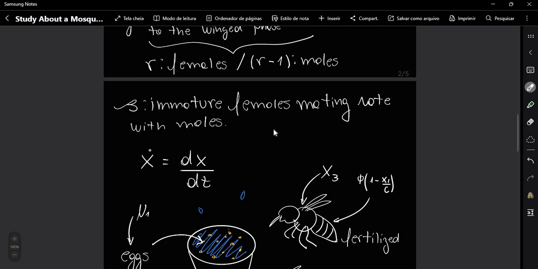So it's how much of these individuals are mating, but it doesn't matter if they are mating because they are immature.